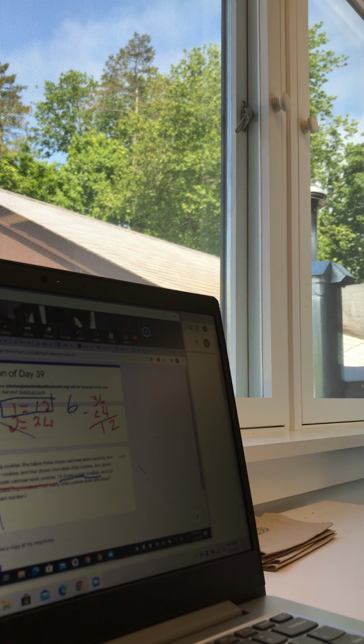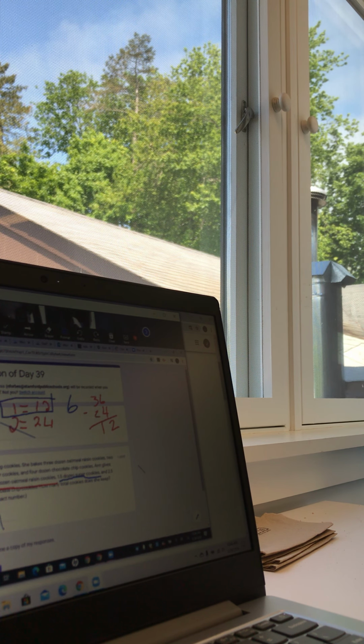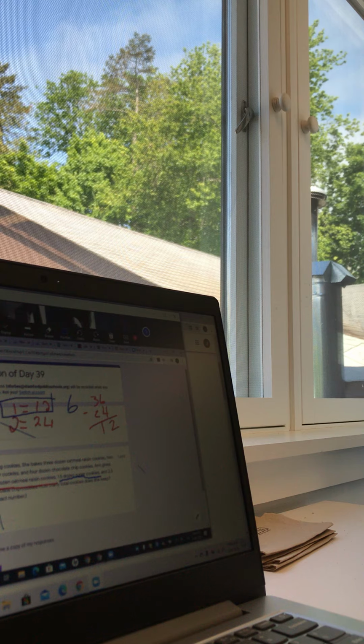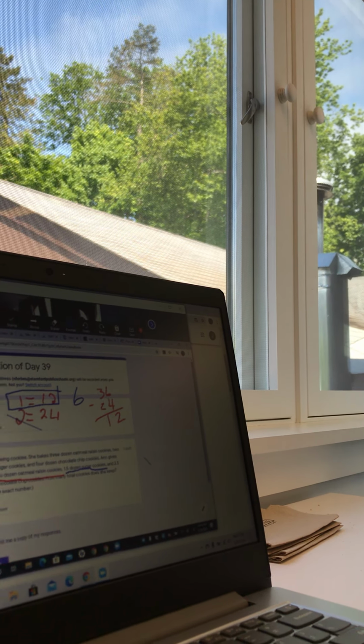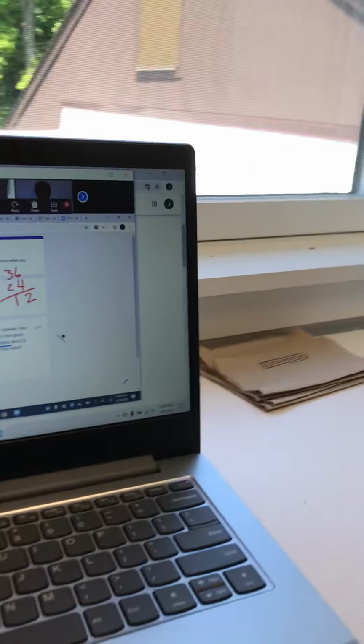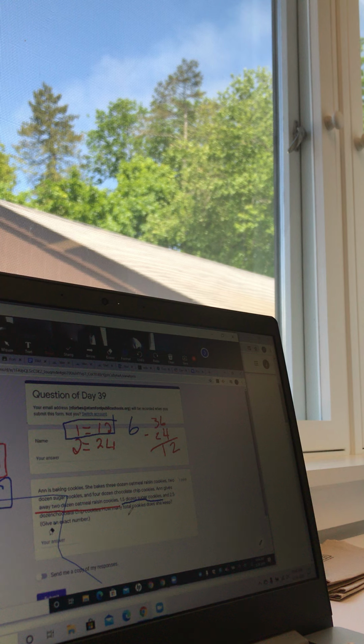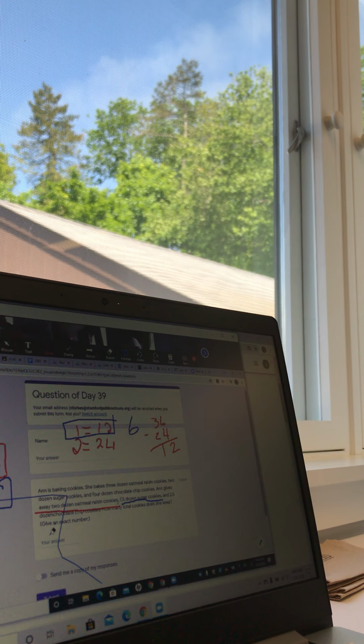Here's your sugar cookies. How many will be left? I'm going to do 24 minus 18. What's 24 minus 18?